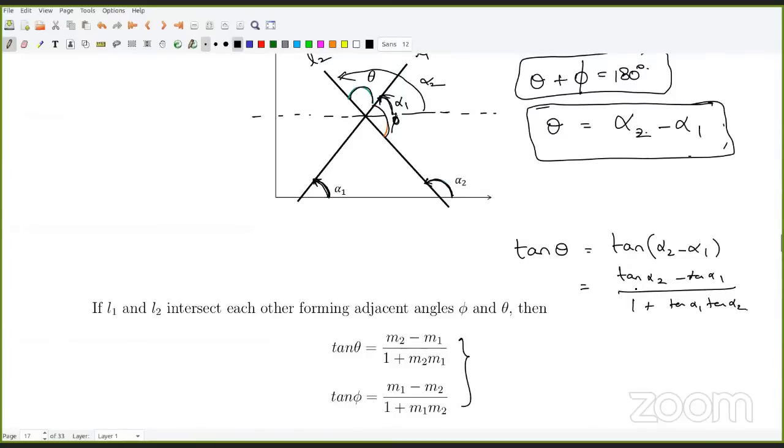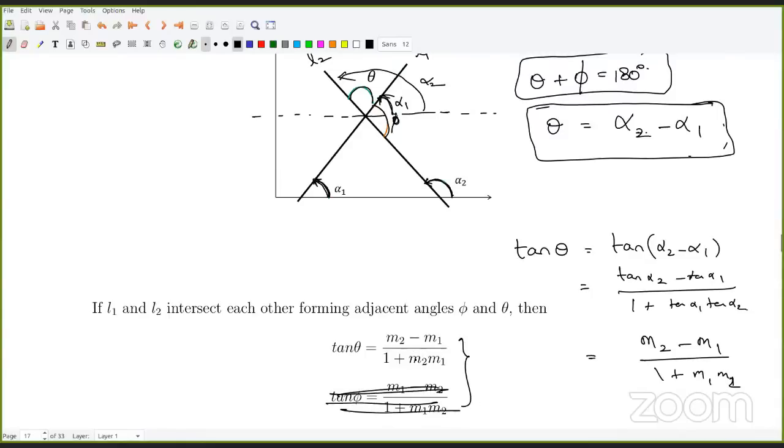We know that tan alpha 2 is the slope of the second line, and tan alpha 1 is the slope of the first line. So m2 minus m1 by 1 plus m2 m1.